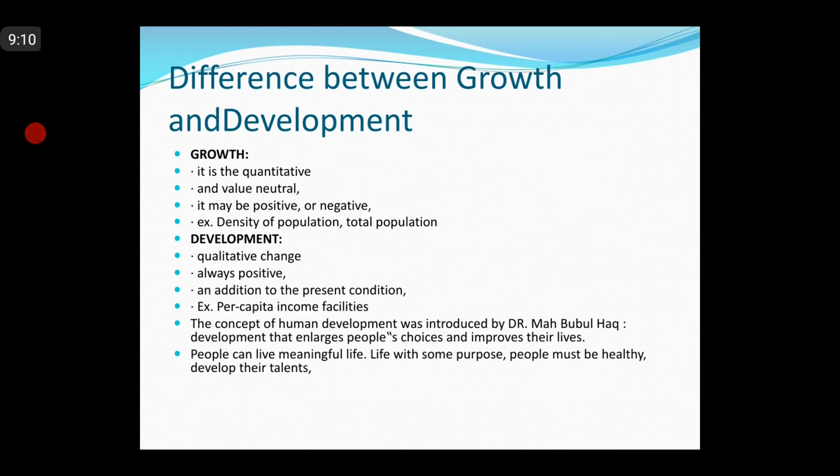Okay, the Human Development Index, we'll have to discuss it in detail. This index was first used in 1990 by UNDP, the United Nations Development Program, right? The United Nations Development Program considered three important aspects of human development, and those three aspects are life expectancy, literacy, and income as the basis for measurement of human development.